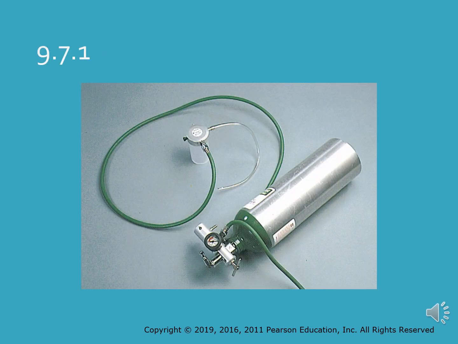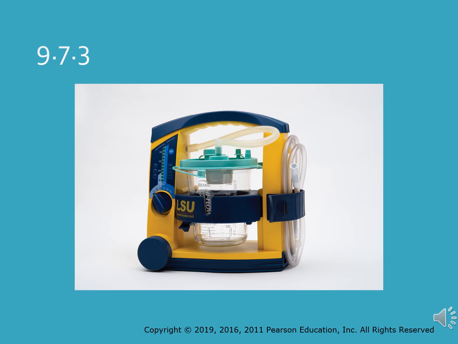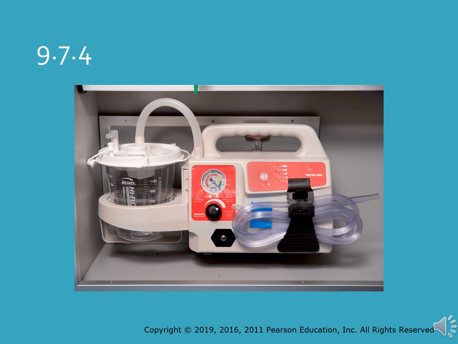Here's an oxygen-powered suction device. This is typically what most rescue squads carry, which is the manually operated suction device, also called a VVAC. Here is your battery-powered suction unit. And in most transporting ambulance services, they have a suction unit that is installed in the patient compartment of the ambulance.